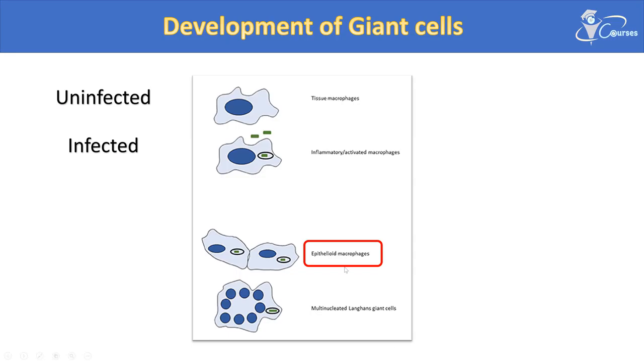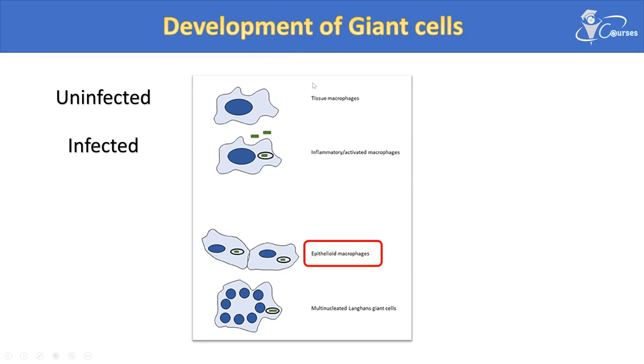It is the epithelioid macrophages or epithelioid cells. So the epithelioid cells, the activated tissue histiocytes or activated tissue macrophages, are the hallmark of granulomatous inflammation. Okay, so I want to illustrate this because this is very important and asked in the MCQ exams.